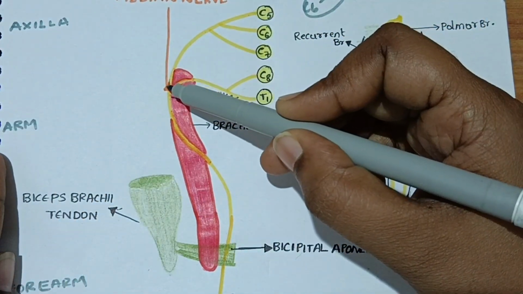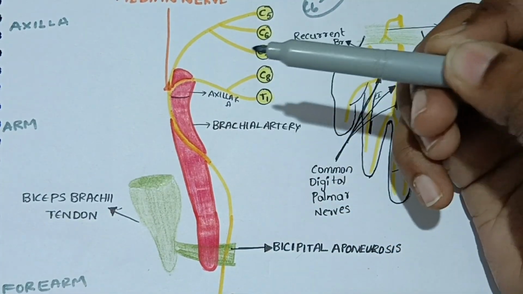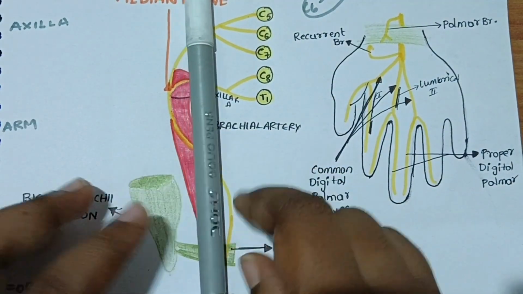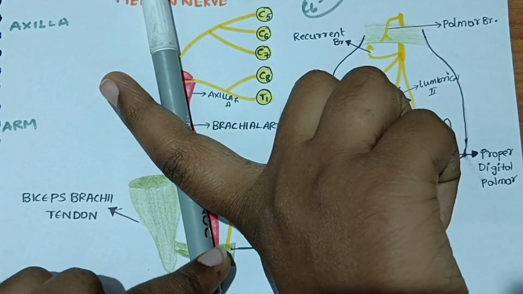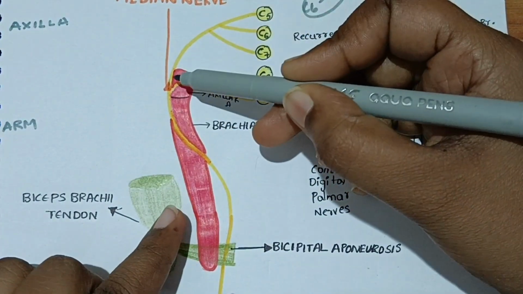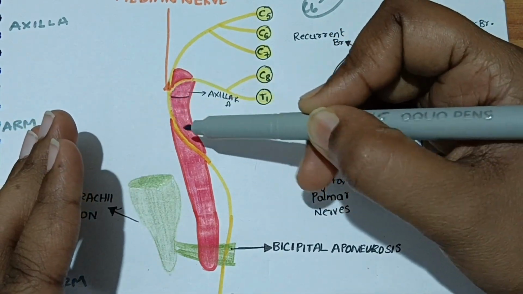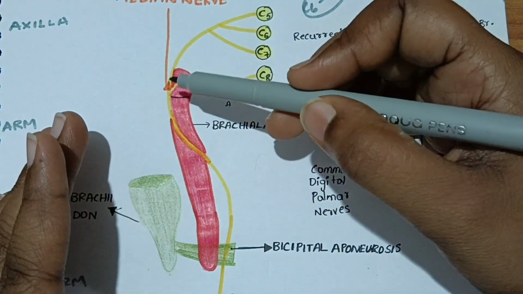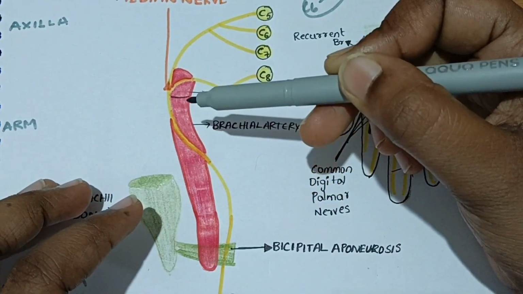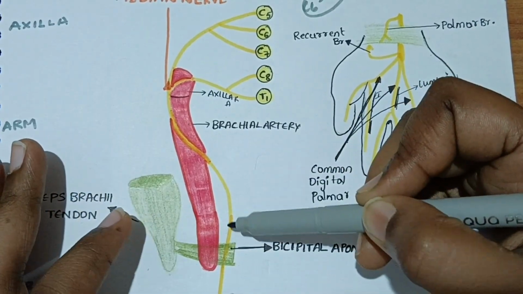It is going to cross the brachial artery anteriorly. If this is the brachial artery, the median nerve crosses like this, from above the artery. So in the upper part, the median nerve lies lateral to the brachial artery. In the middle part, it crosses from lateral to medial, anteriorly, so it is anterior to the brachial artery.